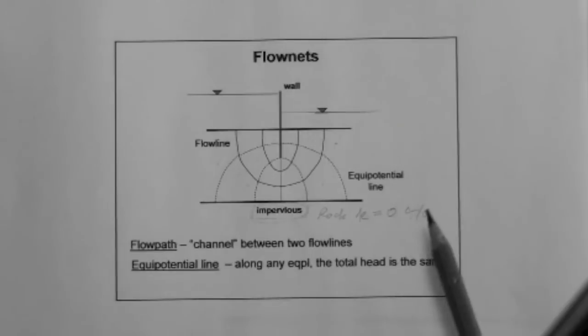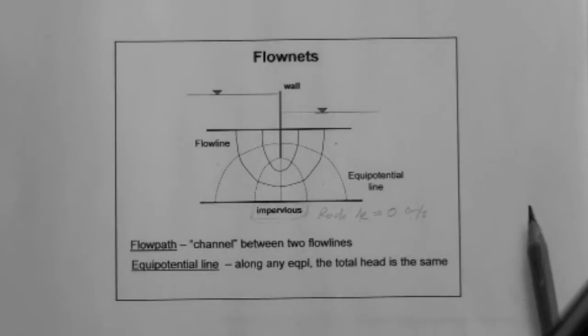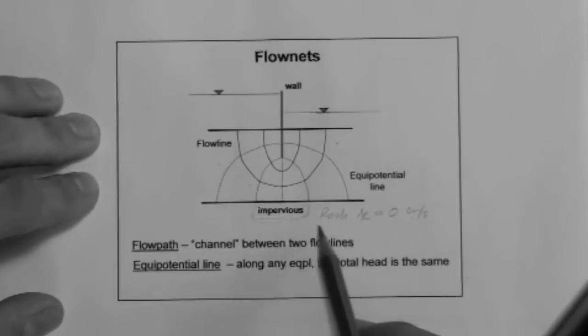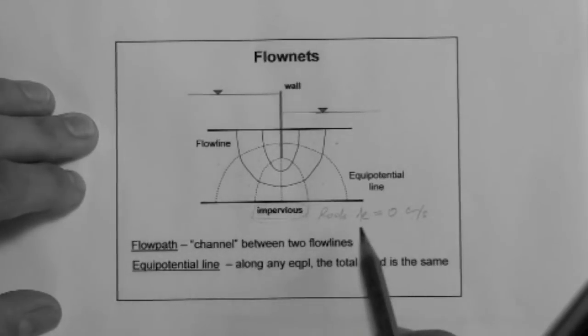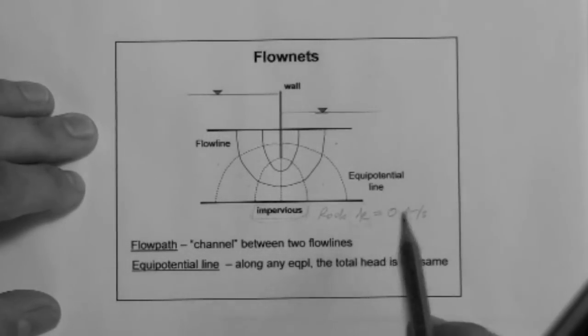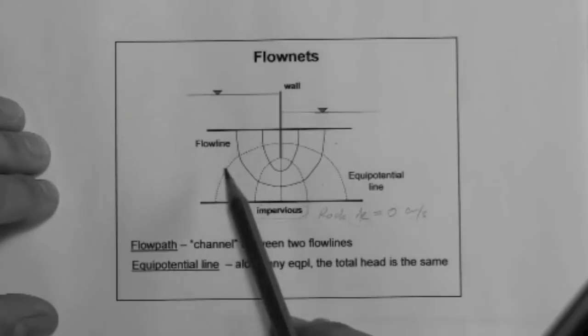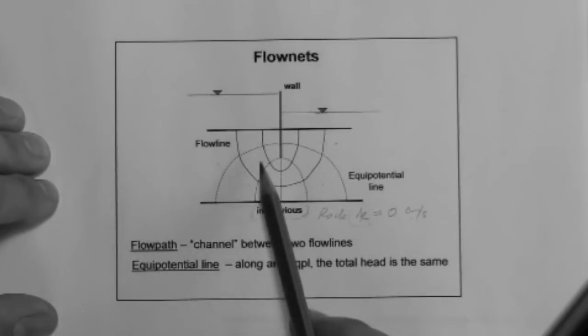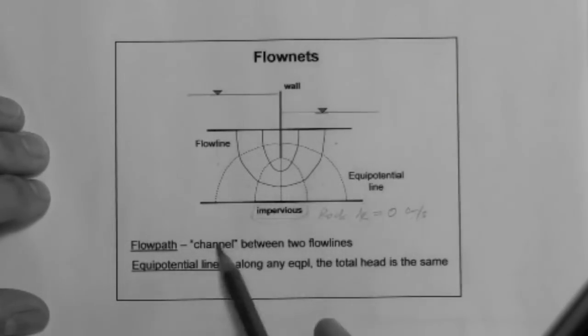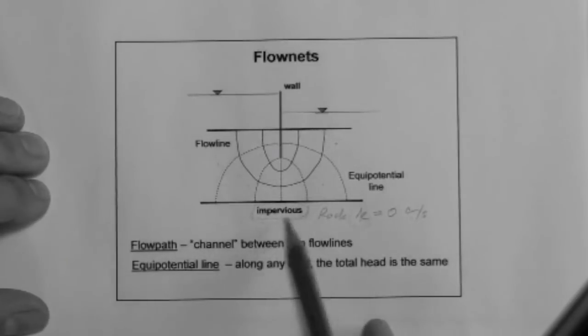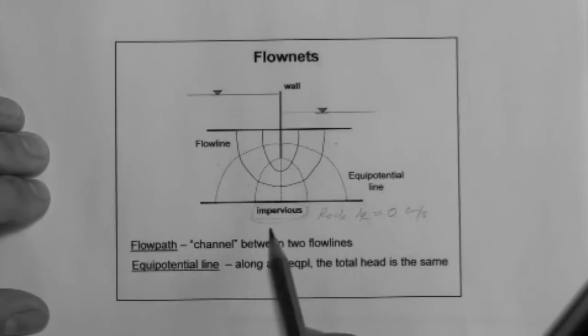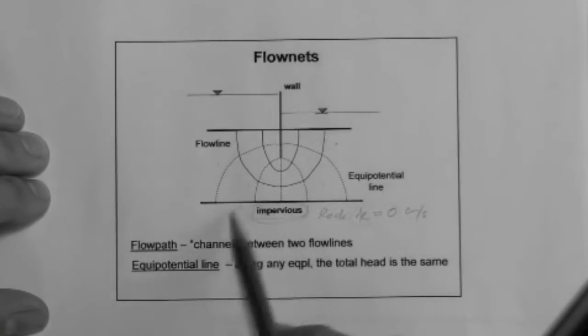Because it is so low, we adopt the assumption that it has a hydraulic conductivity of 0. That means that seepage only occurs in the soil mass. There is no flow through this impervious, meaning no permeability, no hydraulic conductivity material.